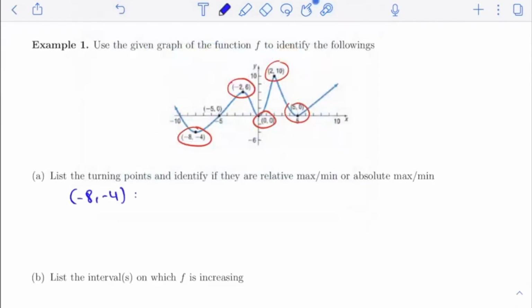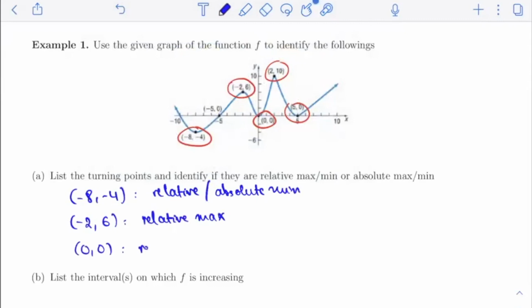This point is a relative or an absolute minimum. You have negative 2, 6. This is a relative maximum. The point 0, 0 is a relative minimum.